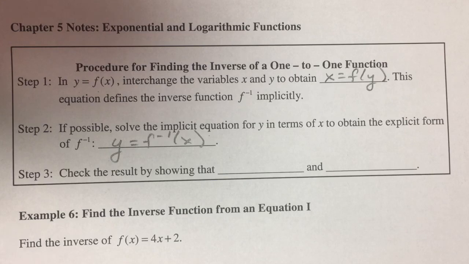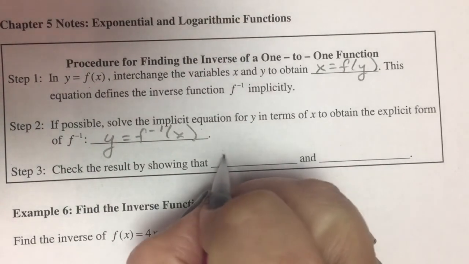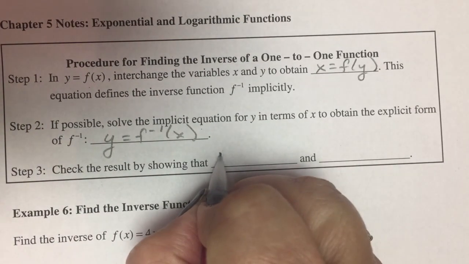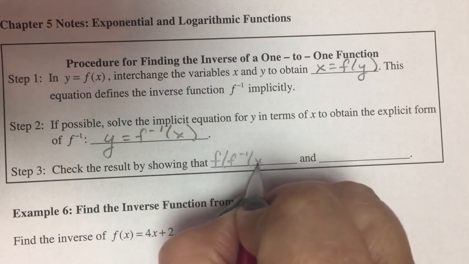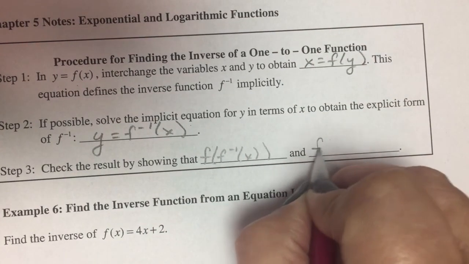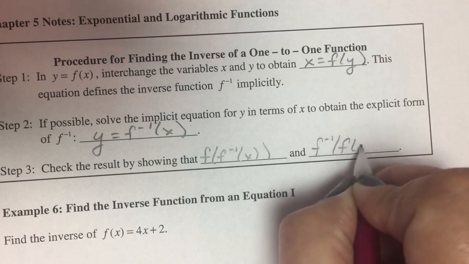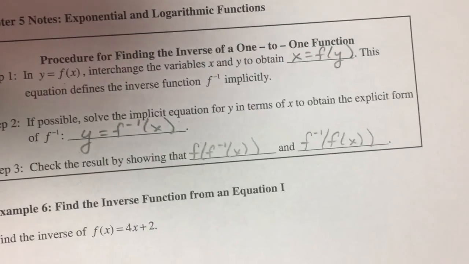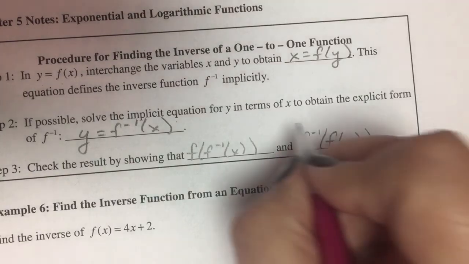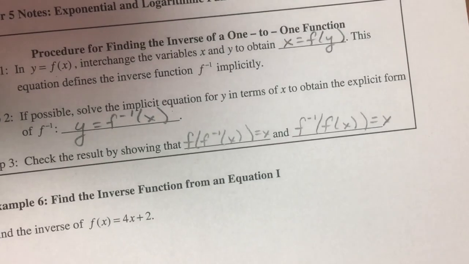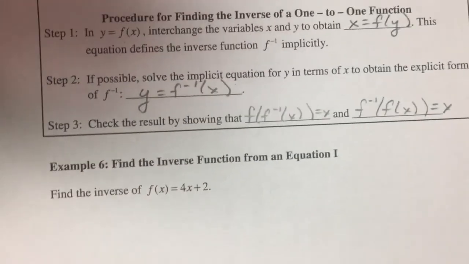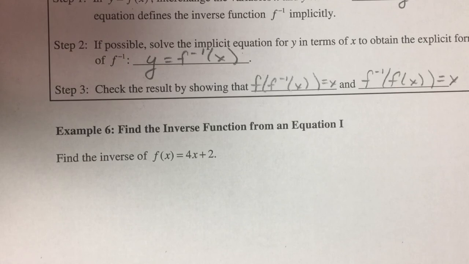And then if you wanted to, we're not going to, but if you wanted to, you could always check to make sure you're right by finding f of f inverse of x and finding f inverse of f of x. And if they both turn out to be x, then you know that you are correct. Now, I'll be honest with you, that makes it sound a lot worse than it is. Let's just do two quick examples here.